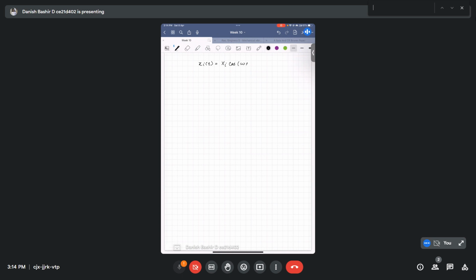Omega is the natural frequency and phi is the phase angle. Here I am writing i equal to 1, 2. Let's treat this as our equation 3.